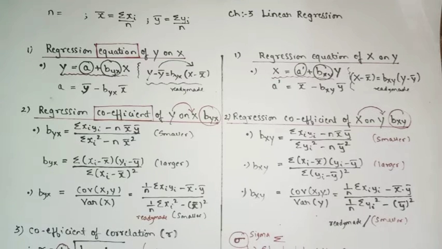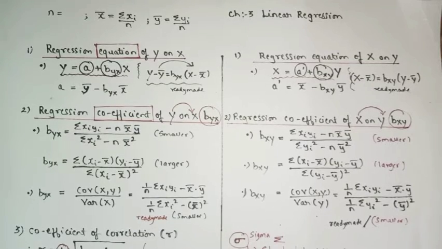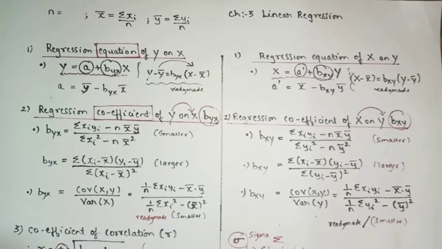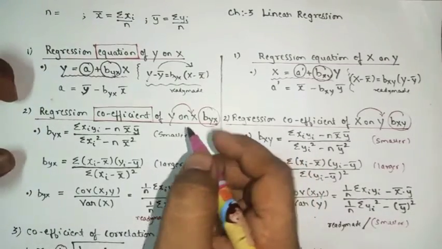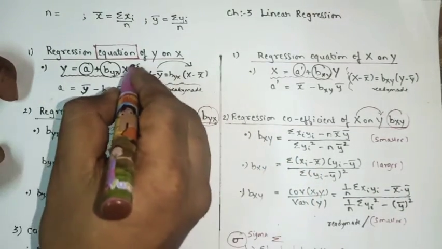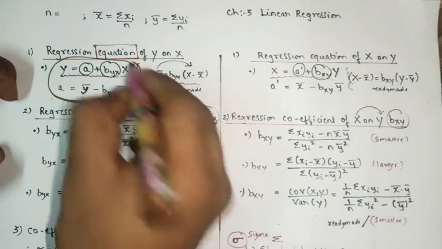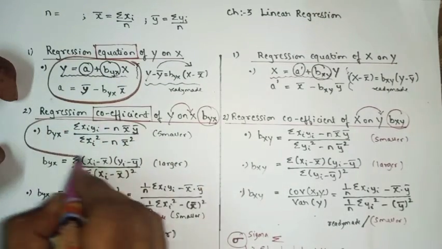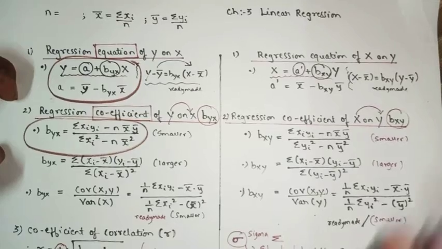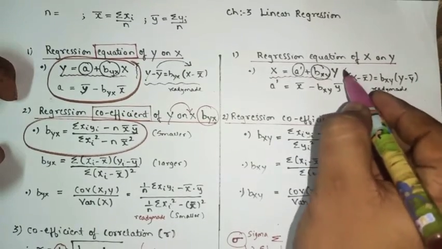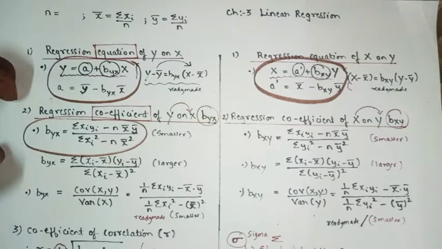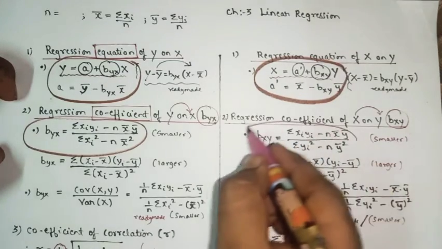Understood? Okay. So in short, whenever the value is smaller, I suggest applying this formula and the first one, for x and y, this one and the first one.